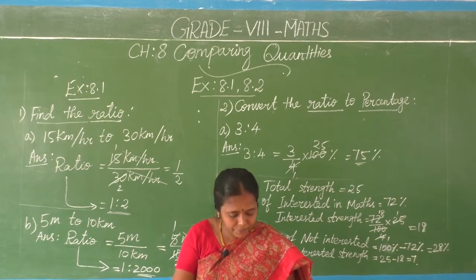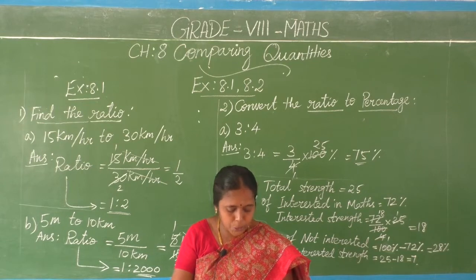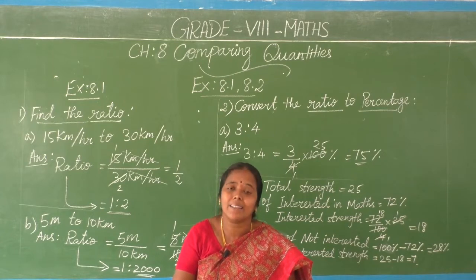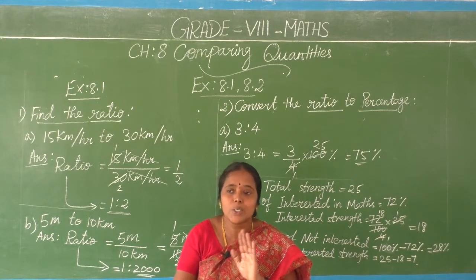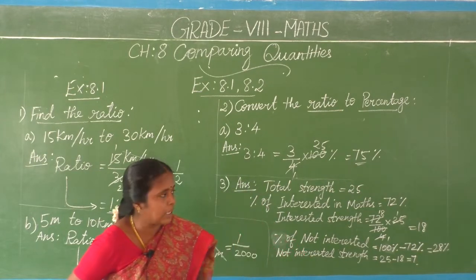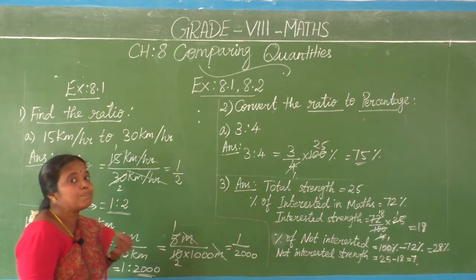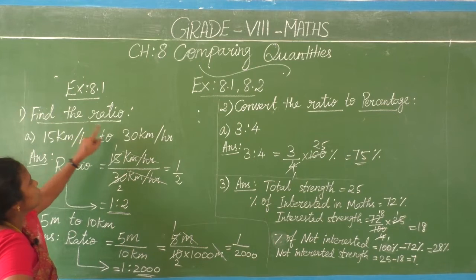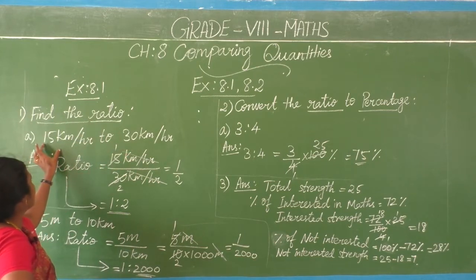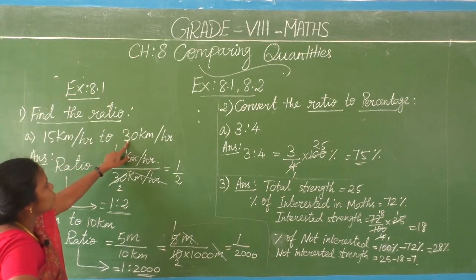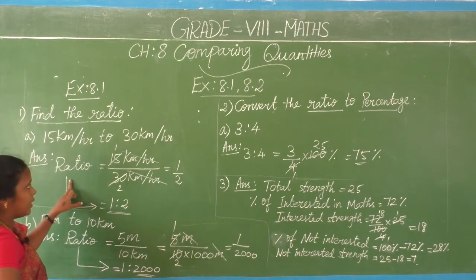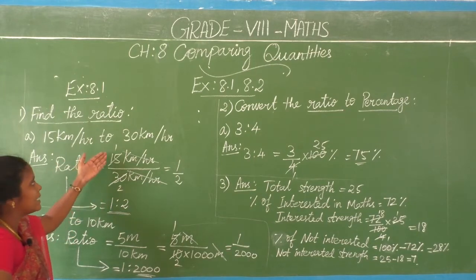Already I told the ratio has no unit, so here the unit will not come. Also it can be expressed in simplest form. So speed of the cycle is 15 km per hour, scooter speed is 30 km per hour. That ratio we have to find out. Ratio means comparison by division, no?